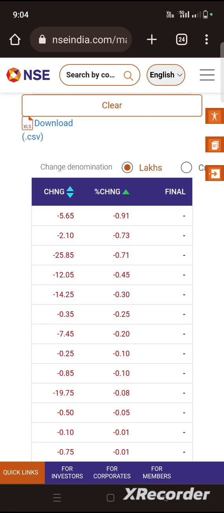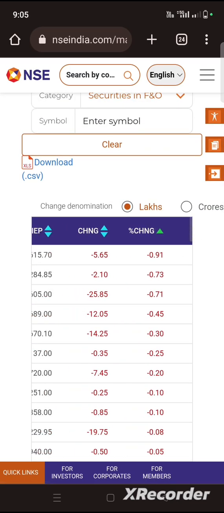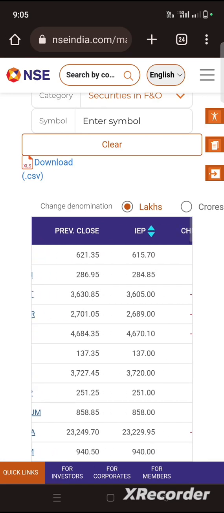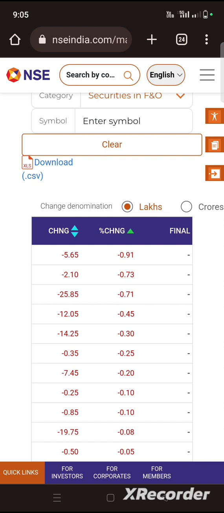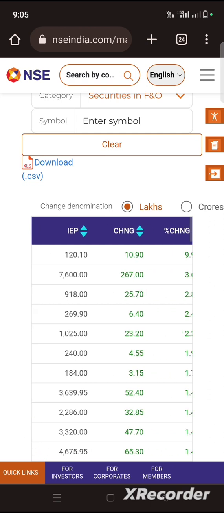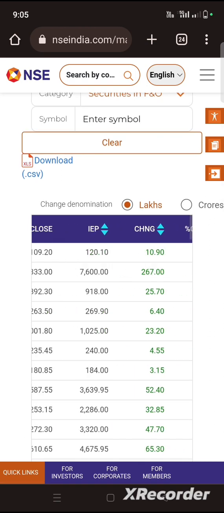From the top losers, my condition is I'll take only those above 2%. Here the top loser is not matching my condition, so I'm not taking the top losers. I'm taking only top gainers, where I can see 10%, 3.64, 2.88, 2.43, 2.3. Sometimes if it is around 2, I can also take it for the watch list.